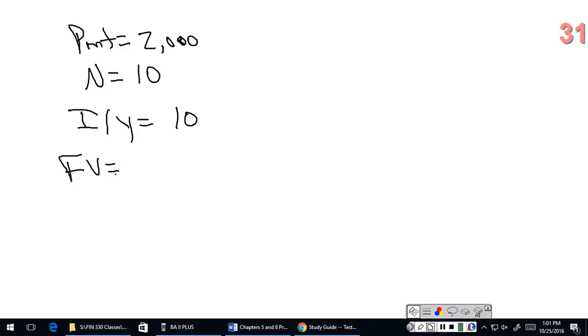Now, for this one, you leave your calculator set to one payment per year because he's making an annual contribution. He's putting in $2,000 per year for 10 years, so he's putting in a total of $20,000. But the future value, when you calculate it, should be $31,874.85, which matches answer C for the question.